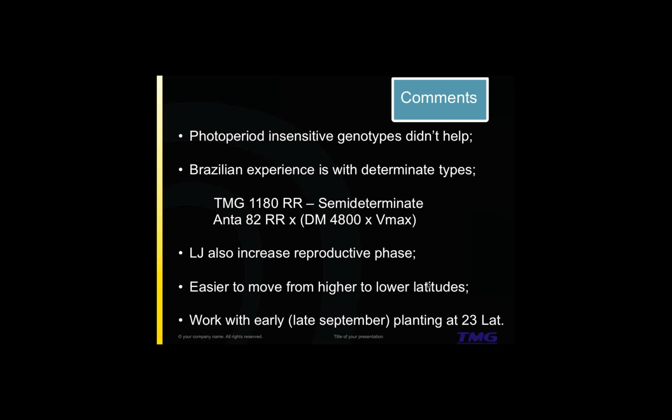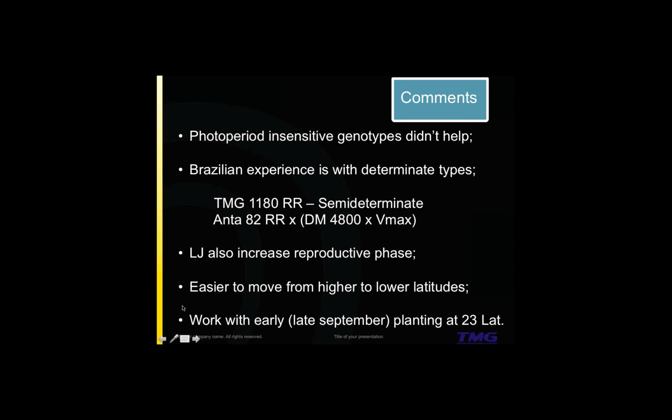So apparently, every time you come to the south, there are other genes, and here I believe that the maturity E genes probably will be playing a role on that. It starts to increase the cycle of the cultivar.